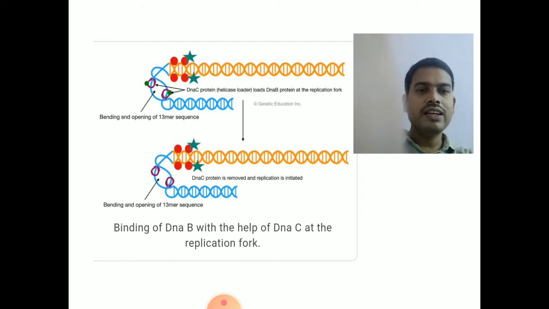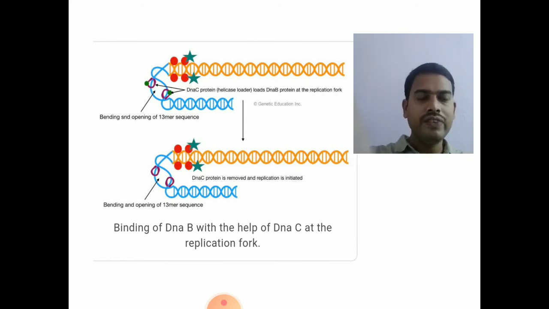Once helicase is recruited, that is DnaB, DnaC is immediately removed from the initiation point. So now the process of DNA replication will be initiated, where the other enzymes I mentioned in the previous slides will be recruited at the site of origin, that is oriC, and DNA polymerase 3, the principal enzyme, will start the process of DNA replication.